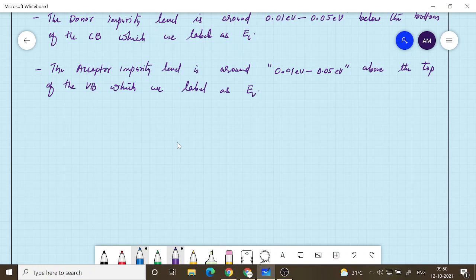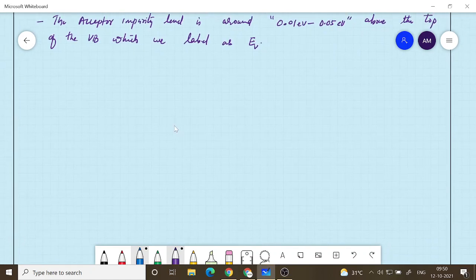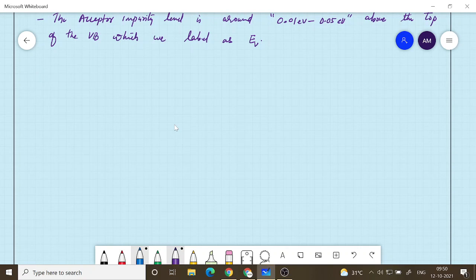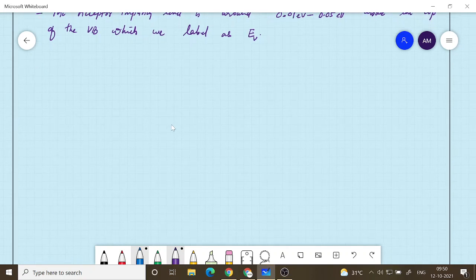Okay, so that changes the distribution of electrons and holes from the intrinsic distribution. So earlier we found out the expression for intrinsic carrier concentration. We assumed that number of electrons and number of holes are going to be same, but which will no longer be same once we dope it with the donor impurity or acceptor impurity.